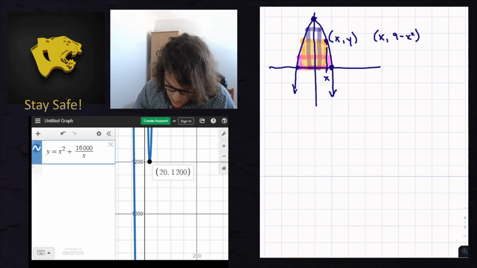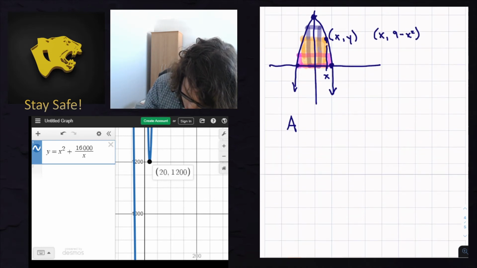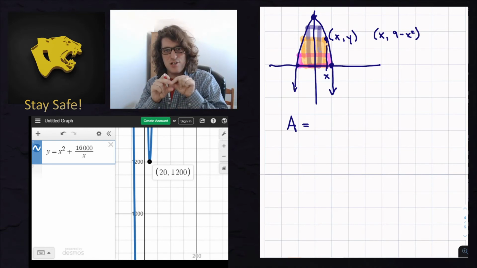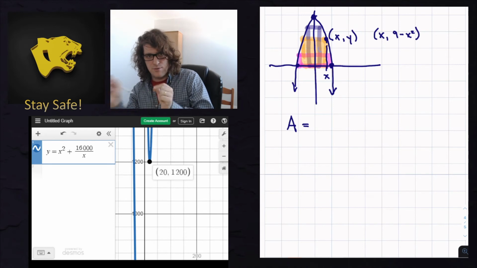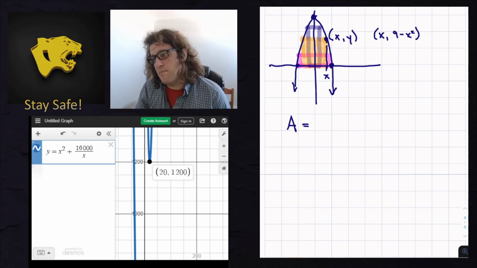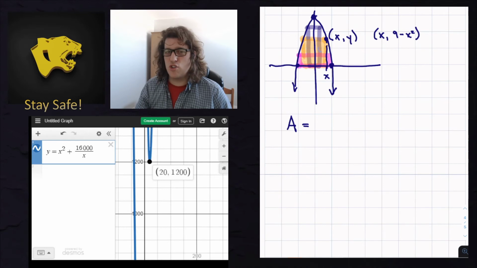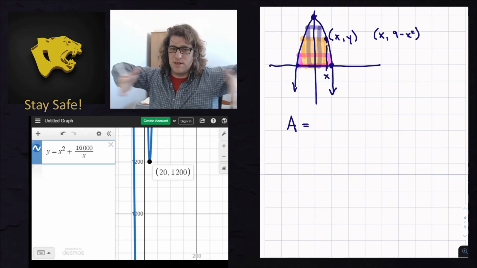Excellent. So how do we use that in order to describe the area of the rectangle? The area is going to be equal to, it's actually not just x, because this thing's symmetrical, so it goes to the right and it goes to the left as well. Because the parabola is symmetrical around the y-axis, if something goes up to the same height on both sides, it's the same distance away.